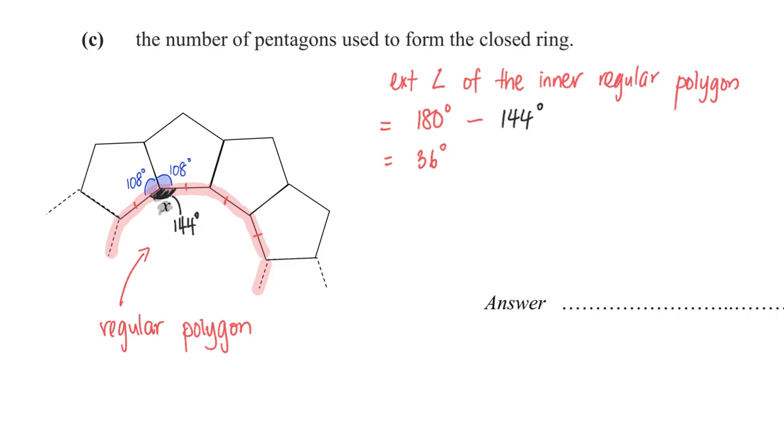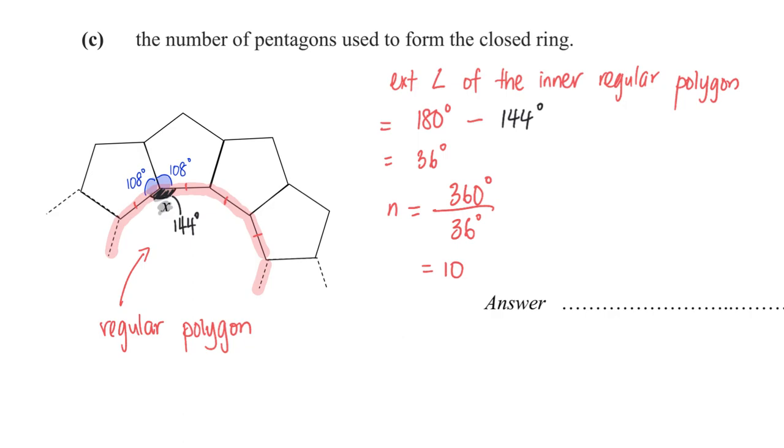And the sum of exterior angles is 360. So n is simply 360 divided by 36. Because if I know how many 36 degree exterior angles there are, I would know the number of sides. They are the same.